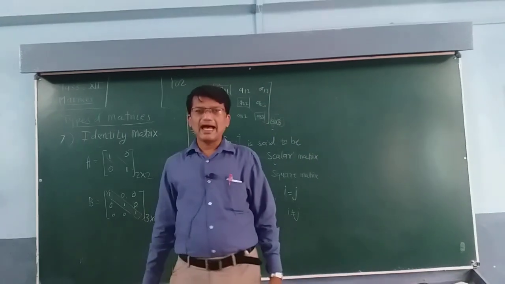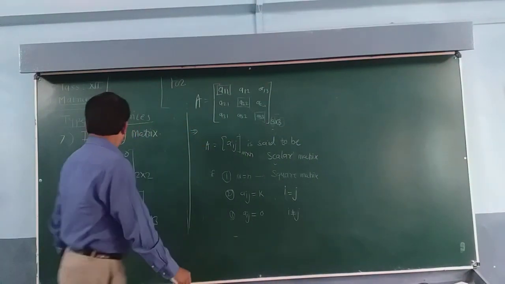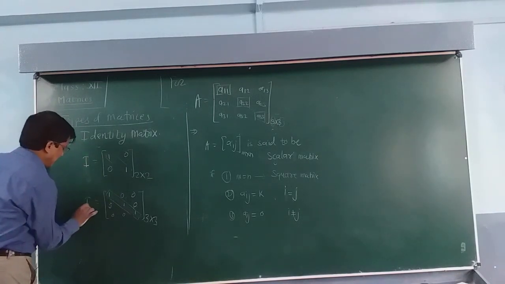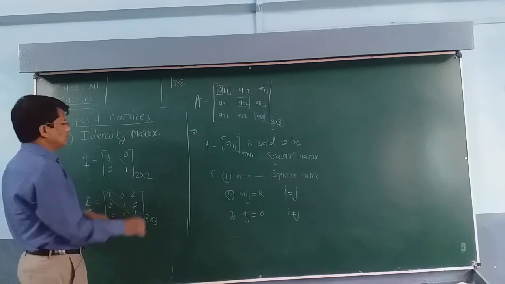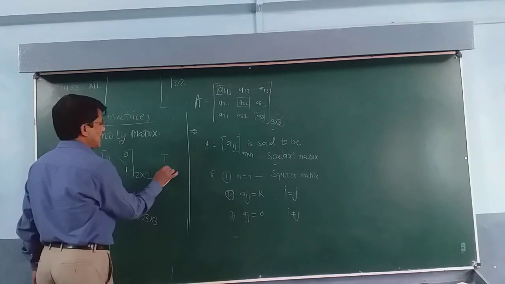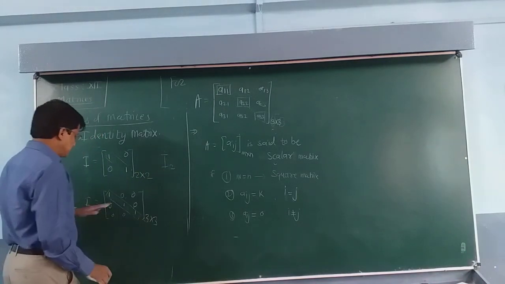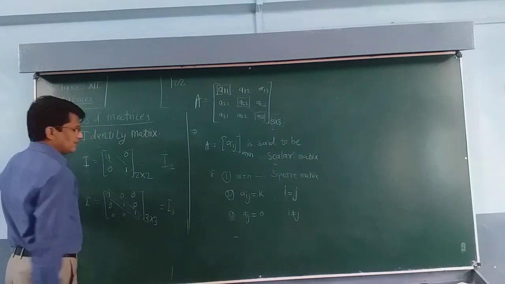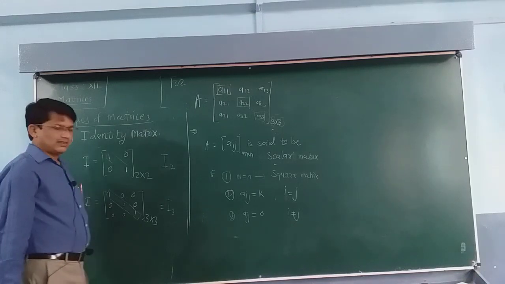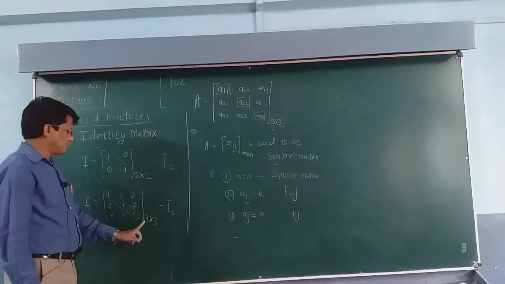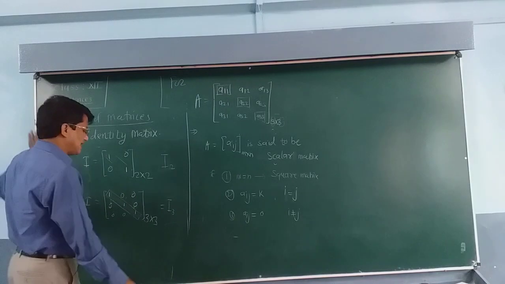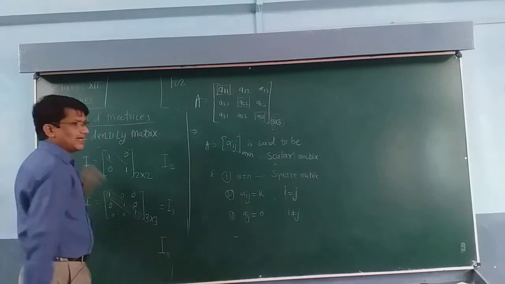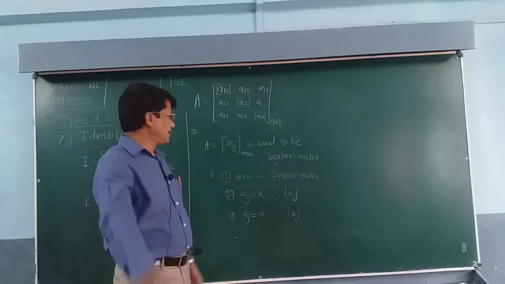The identity matrix is denoted by capital I. The order is 2, so we write I2, and this one is I3. For a matrix of order n by n, we represent it by In, the identity matrix of order n.